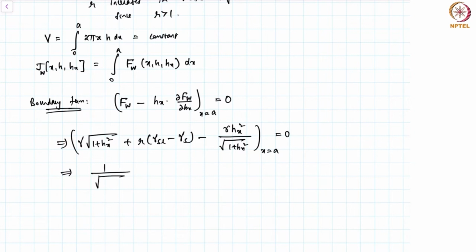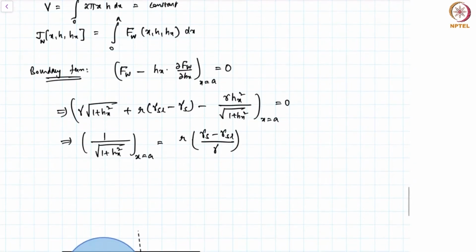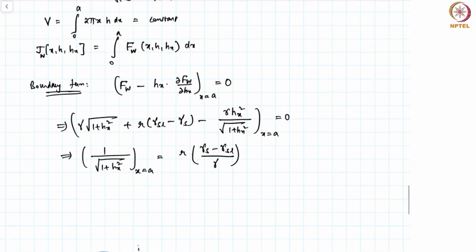We have 1 by 1 plus hx square evaluated at x equal to a. This essentially becomes r times gamma s minus gamma sl, divided by gamma. Right? Now, the first quantity that you see here is clearly the second quantity that you see here, sorry.